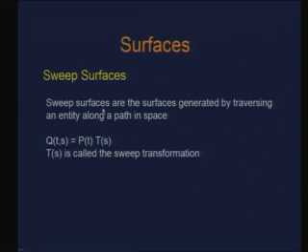Similarly, here in sweep surfaces we have some transformation which is causing the sweep of some parametric entity, right. So, here we sweep the curve, which means traversing of an entity along a path, right.